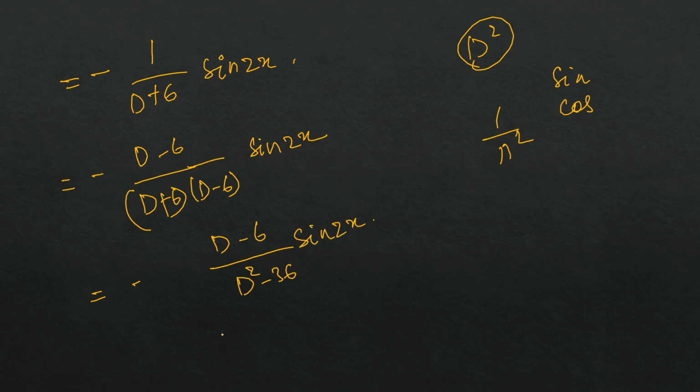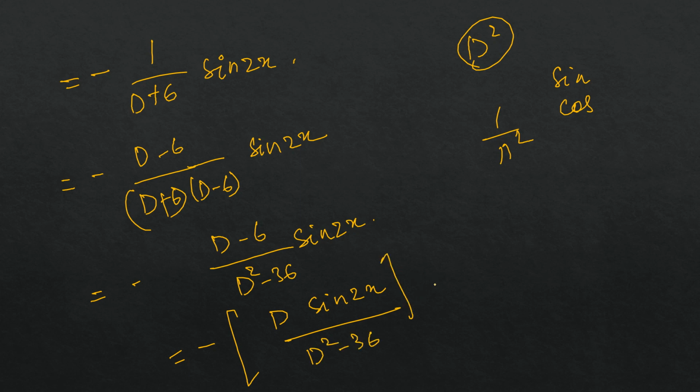Now what? Again the same thing we have to do, but there is a bit of difference. First, D of sine 2x divided by D square minus 36, minus 1 plus 6.